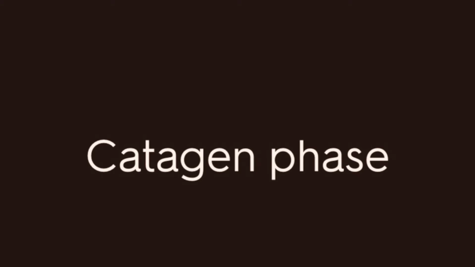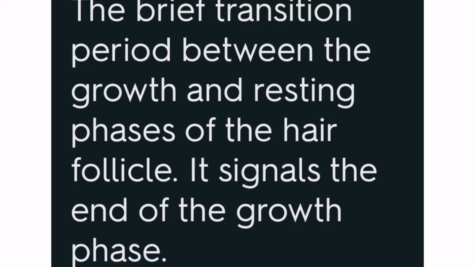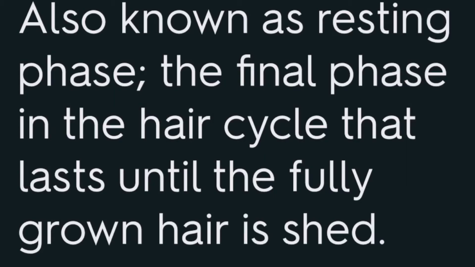The catagen phase is the brief transition period between the growth and resting phases of the hair follicle. It signals the end of the growth phase. The telogen phase, also known as the resting phase, is the final phase in the hair cycle that lasts until the fully grown hair is shed.